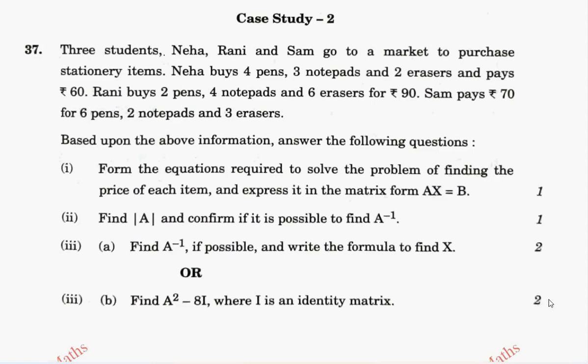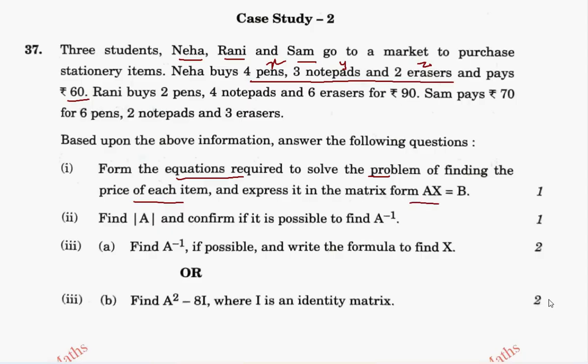They are given 3 students, Neha, Rani and Sam go to the market to purchase the stationery items. Neha buys 4 pens, 3 notepads and 2 erasers. So let us take this as x, y and z and pays 60. So the first is we have to form the equation required and to solve the problem to find the price of each item, and we have to express in the matrix form.